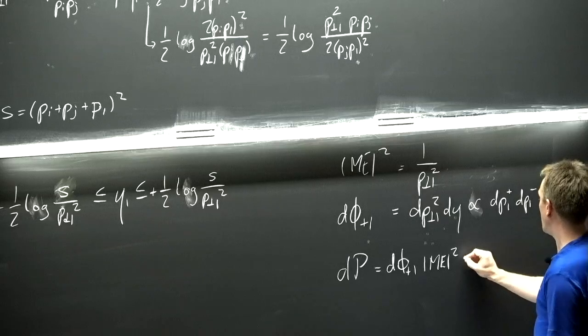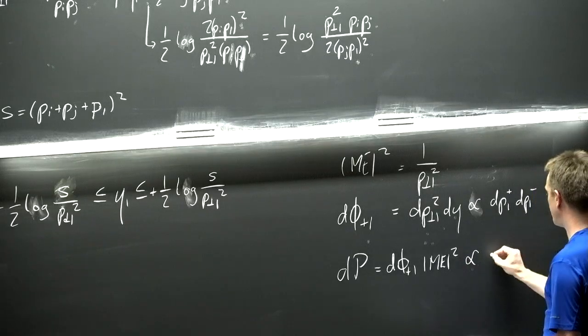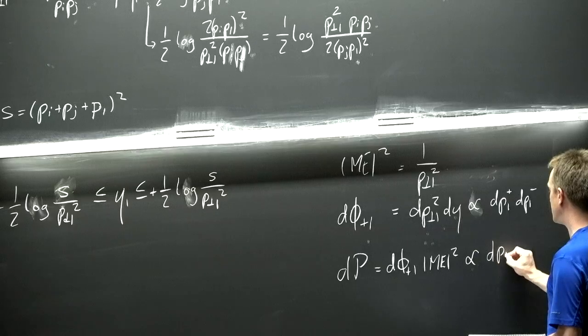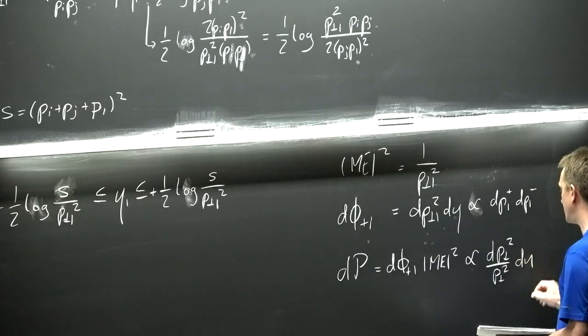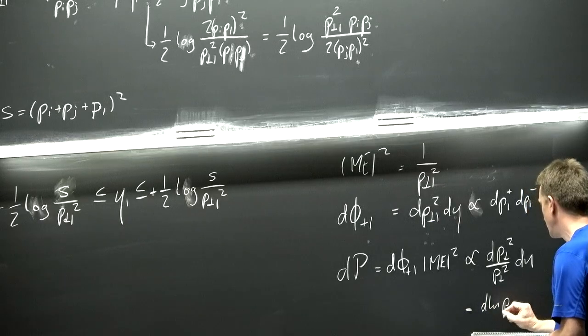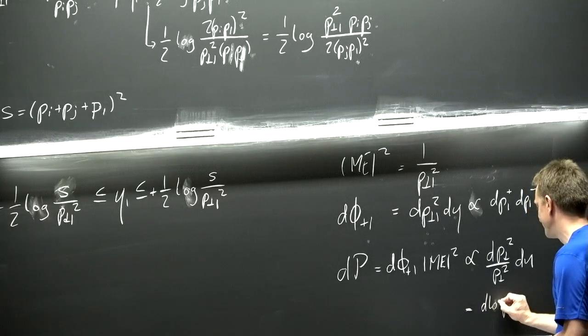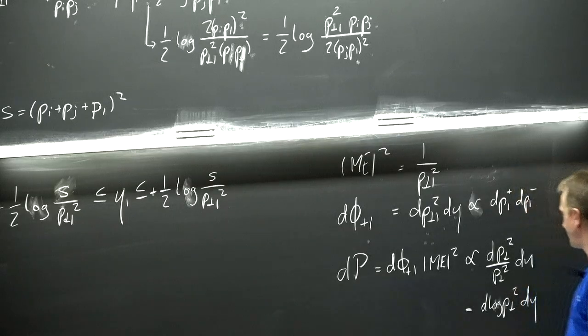And I'm skipping the constants here, which is a dp perp squared over p perp squared d eta. Okay, so it's a d log pt squared d eta. So is that okay?